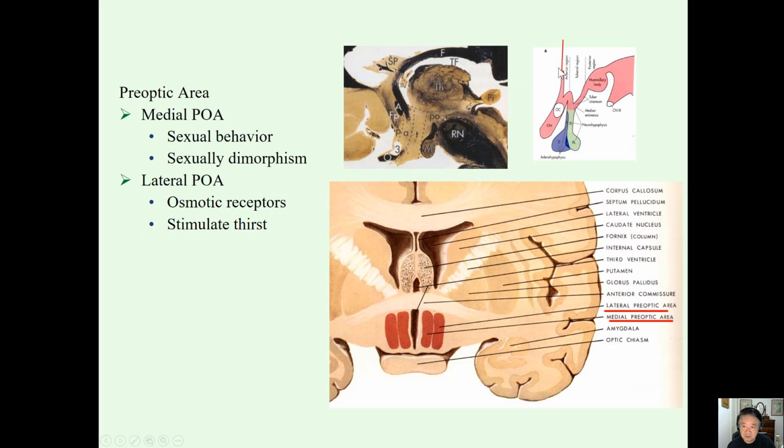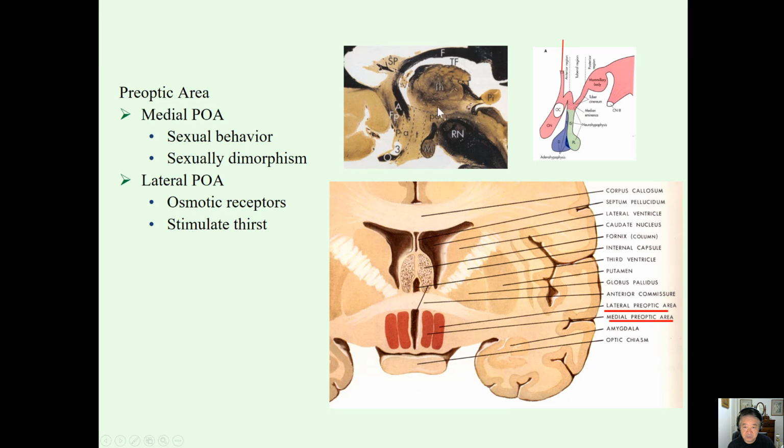Now here is the picture you have seen before. This is the midsagittal section showing the 4 regions. This is a fiber-stained human brain section. Then here you will have your 4 regions.